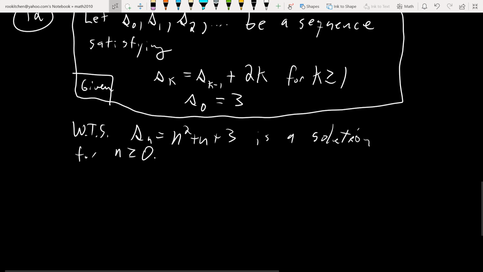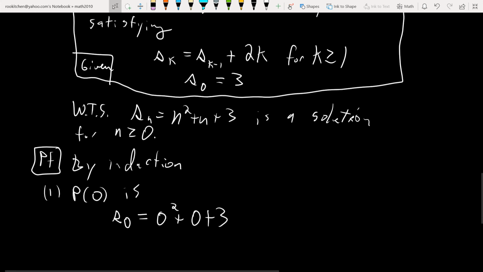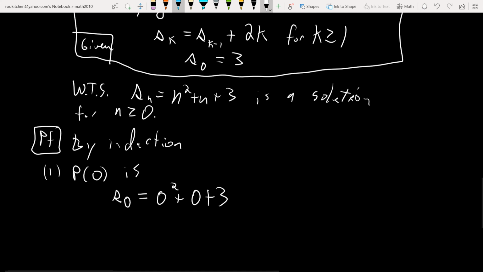Okay, so we're going to do this by induction. Proof by induction. The first part, your basis step: we look at P of 0. P of 0 is S sub 0, which equals 0 squared plus 0 plus 3. I'm just plugging 0 into the predicate that I'm trying to prove, which is right here, for n greater than or equal to 0.